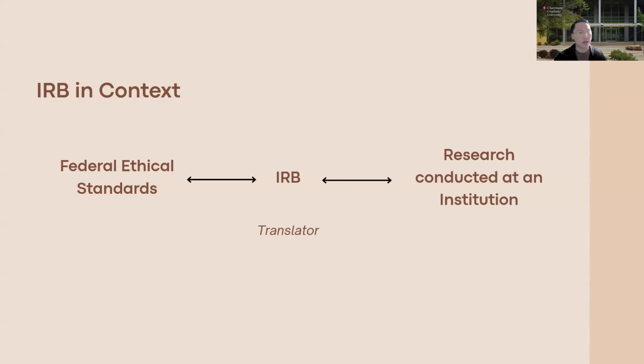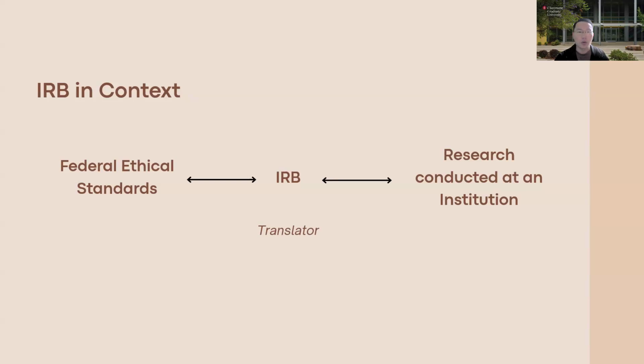So in this sense, the IRB serves kind of like a translator between the federal ethical standards and the research conducted at any institution. It's just to make sure that the research conducted at an institution is compliant with the federal standards.